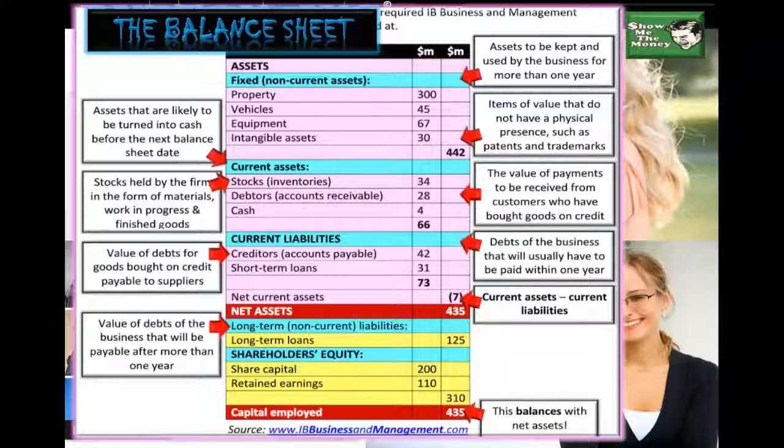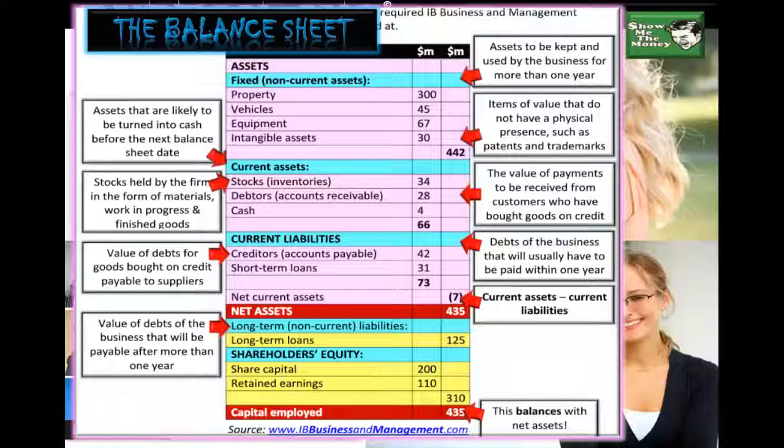Okay. And if we take our assets and we add or subtract our net current assets, we have got our net assets. So we can think of that as being our total assets. That's one side of the balance sheet.